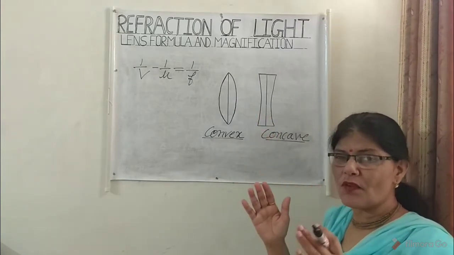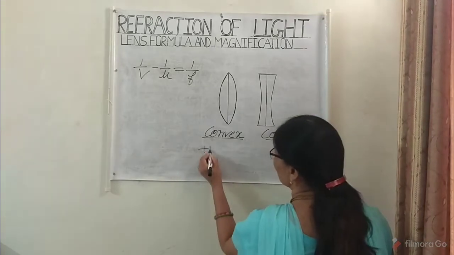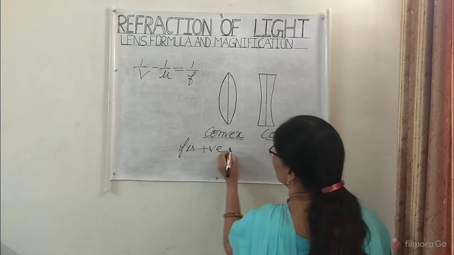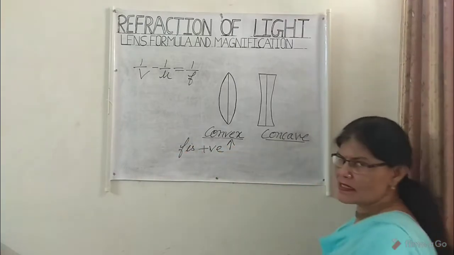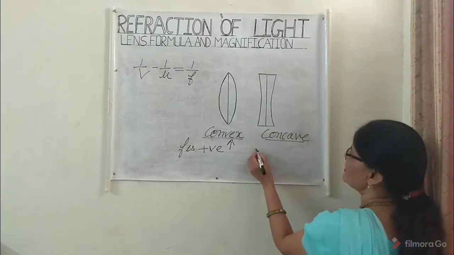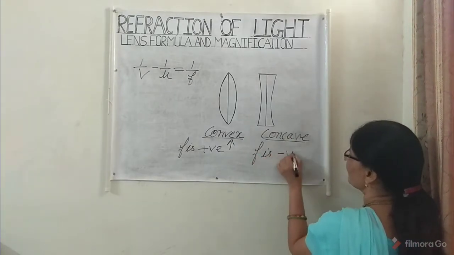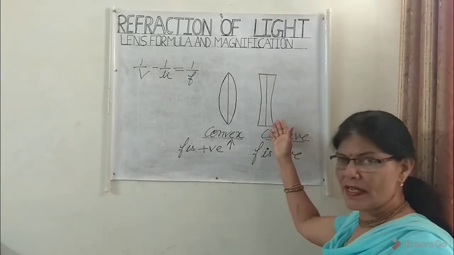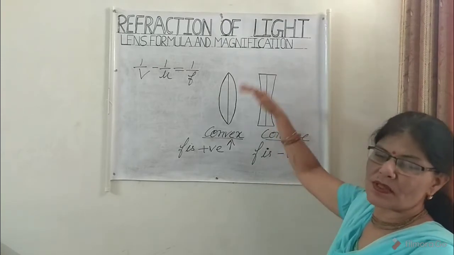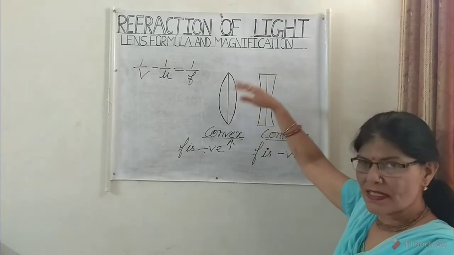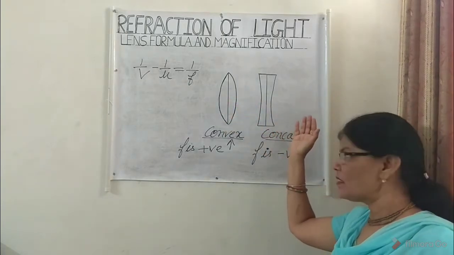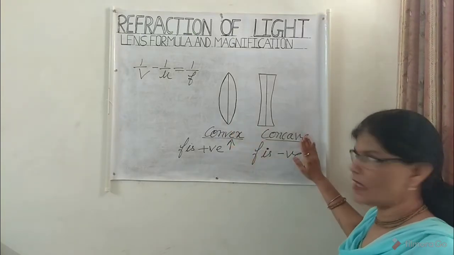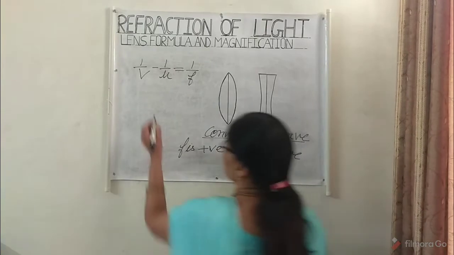So the value of f is taken as positive. f is positive in the case of a convex lens, and in the case of a concave lens, f is negative, because the principal focus is on the left hand side. So f is positive for a convex lens, f is negative for a concave lens, and u is always negative.